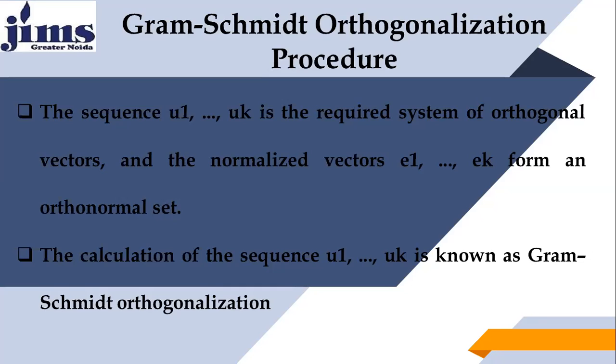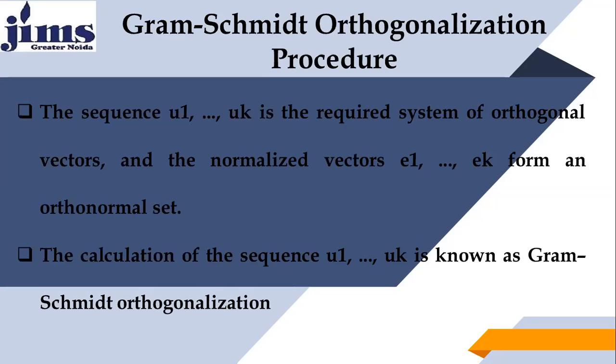So if you conclude this lecture, what do you actually do in this procedure? It is a procedure for the calculation of the sequence U1, U2, U3, U4, U5 up to UK, and this is known as Gram-Schmidt orthogonalization.